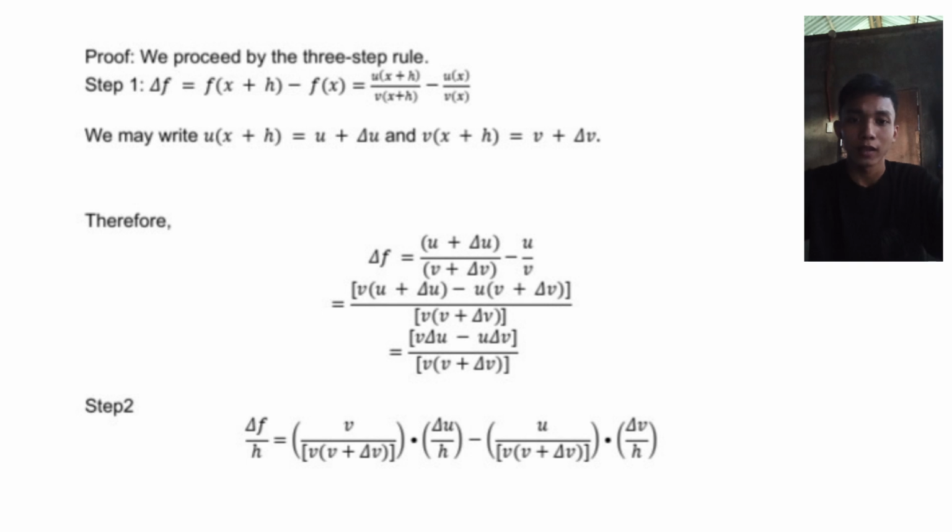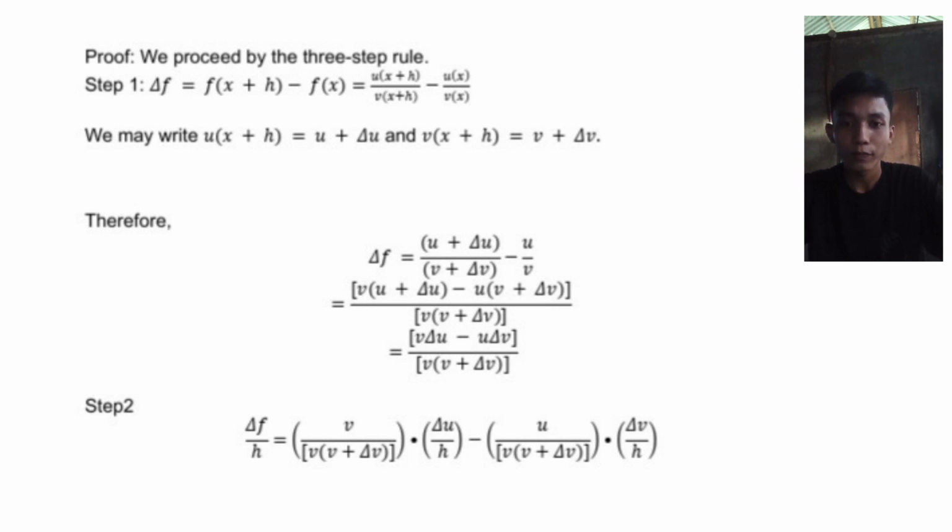Therefore, delta f is equal to u plus delta u over v plus delta v minus u over v. Then we need to subtract, so delta f is equal to v times u plus delta u minus u times v plus delta v over v times v plus delta v.